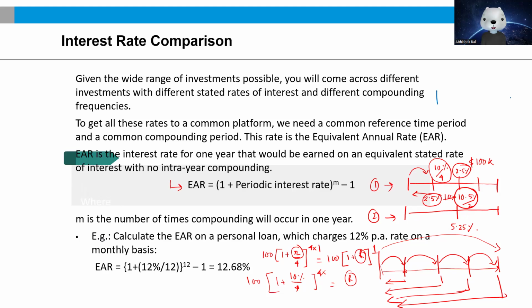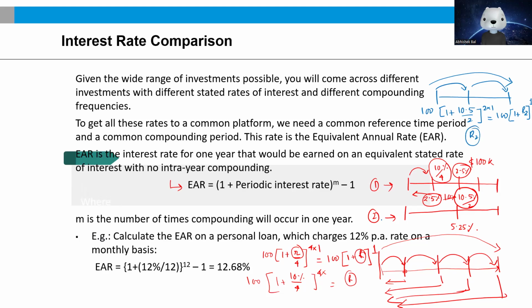So those cash flows are going to look something like this, right? I'm going to name this R2, right? So from here, I can definitely find R2.